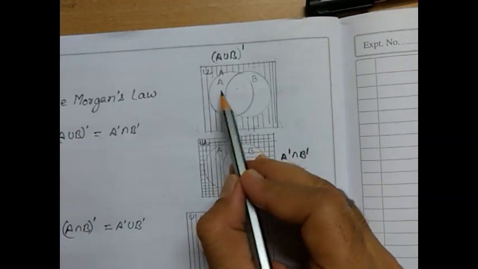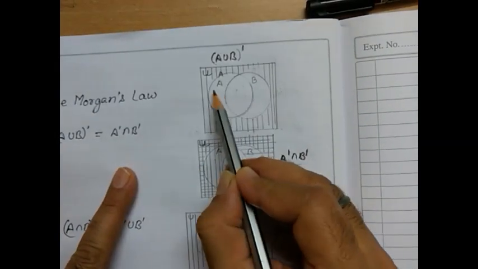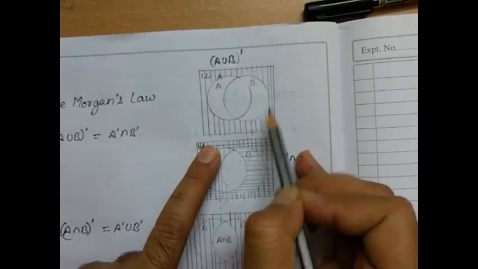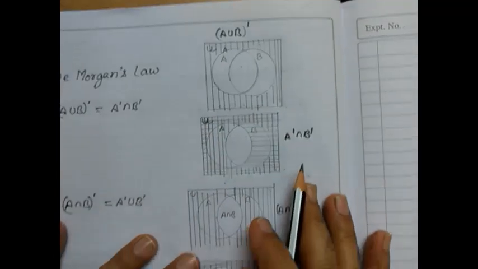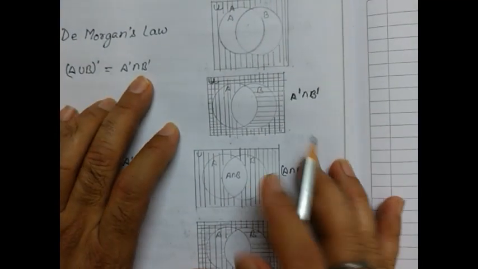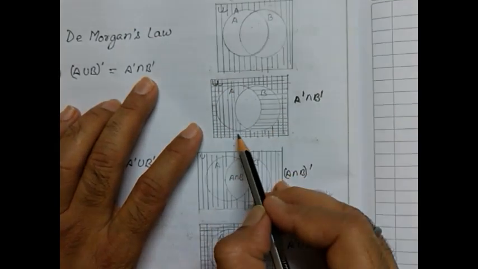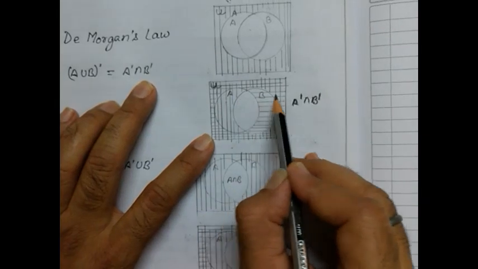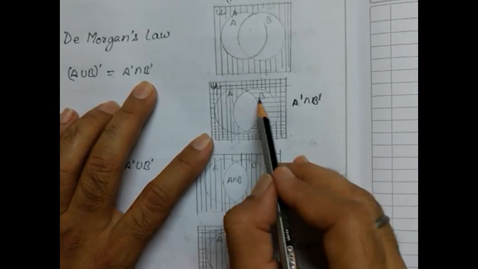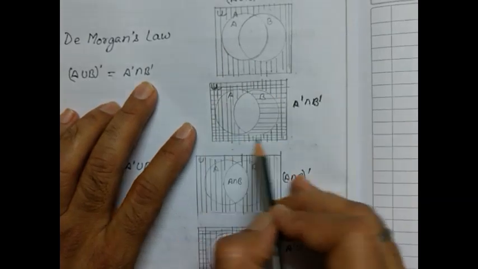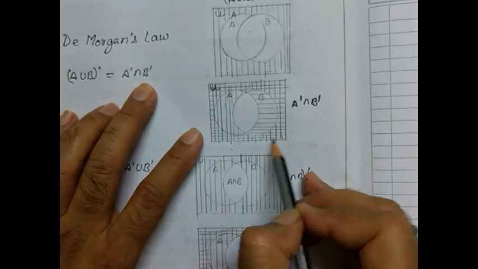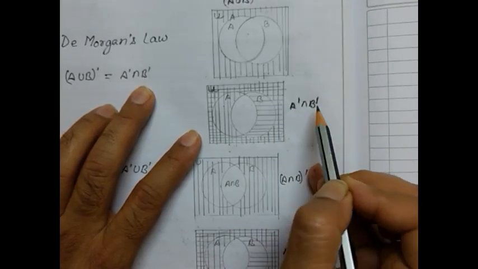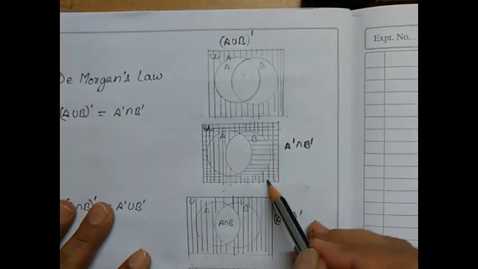Here A union B is the unshaded region, and its complement is the shaded region outside A union B. For A complement intersection B complement, the vertical lines are B complement and the horizontal lines are A complement, and the cross lines represent A complement intersection B complement. If you compare these two, they are one and the same thing.